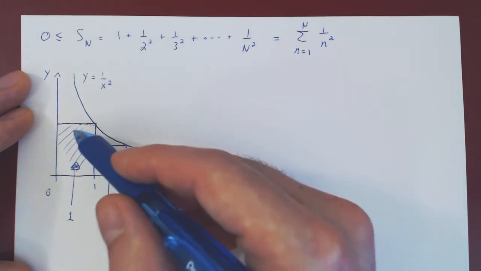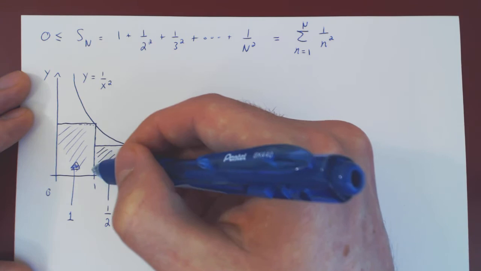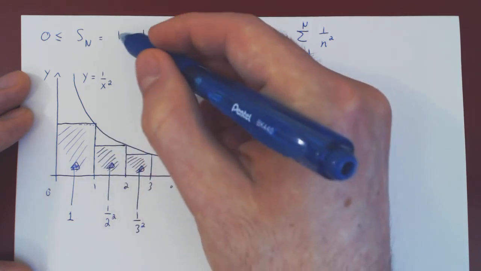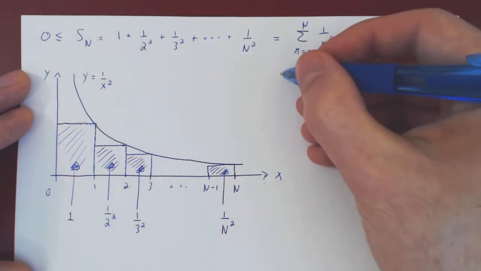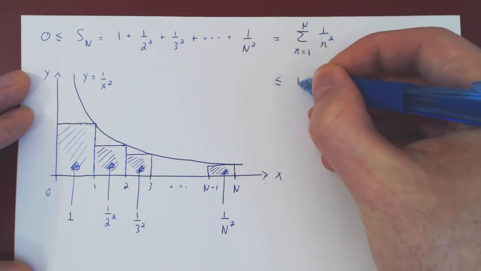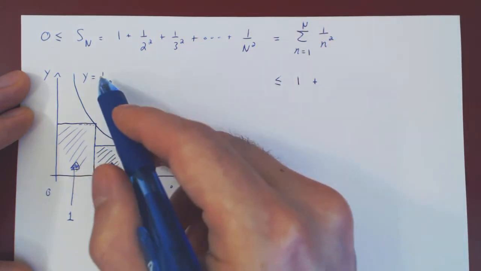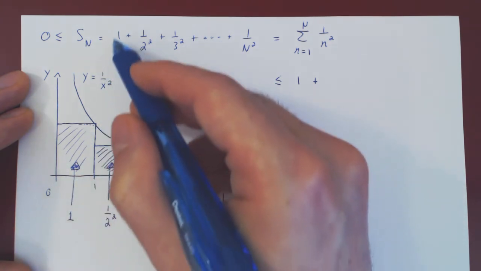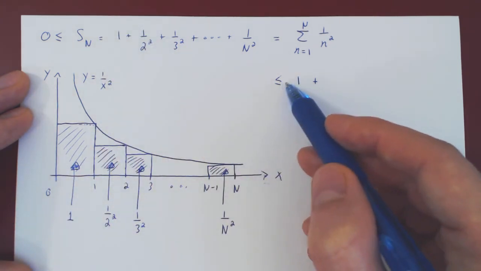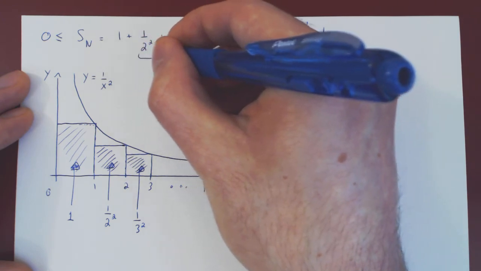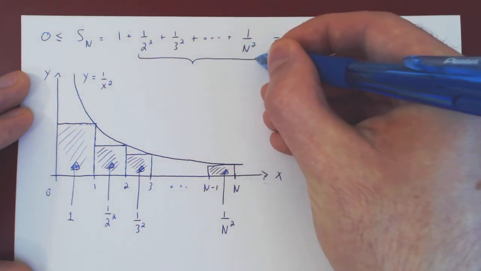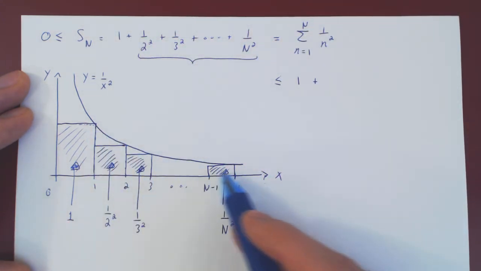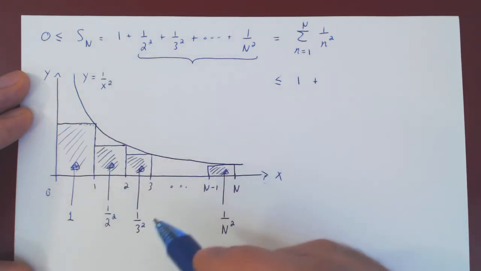What we'll do is start integrating at 1. So we'll take this 1 out, and we'll keep the 1 as 1. So we will ignore the 1 over x squared part from 0 to 1, and just keep the real number 1 as 1. And then we will compare the remaining part of the sum with the area below 1 over x squared.